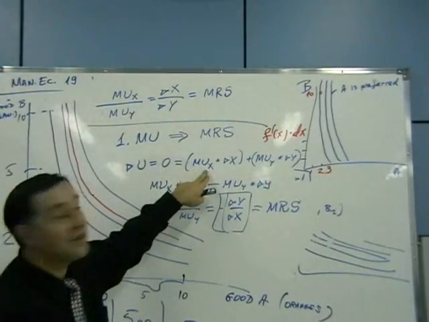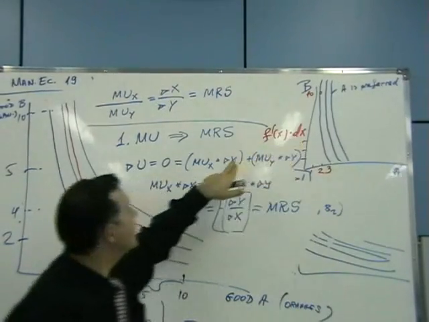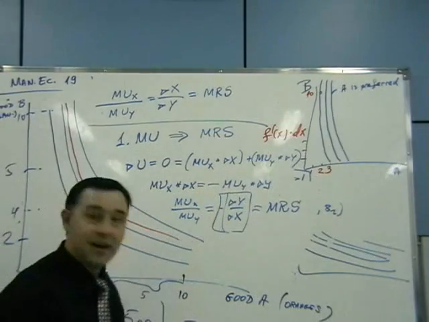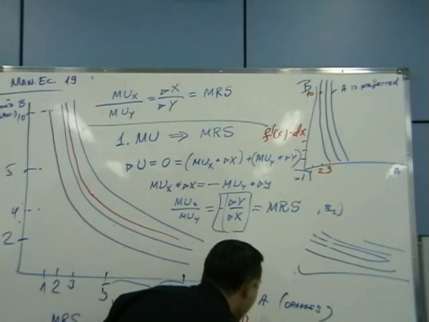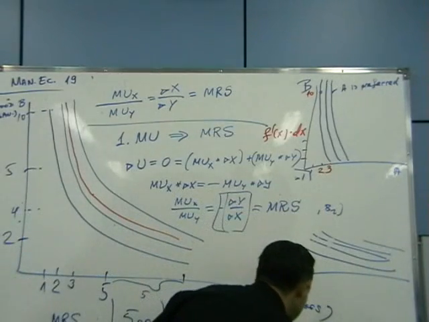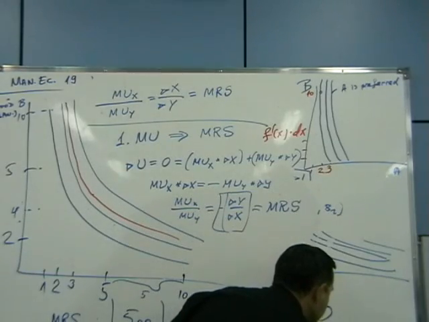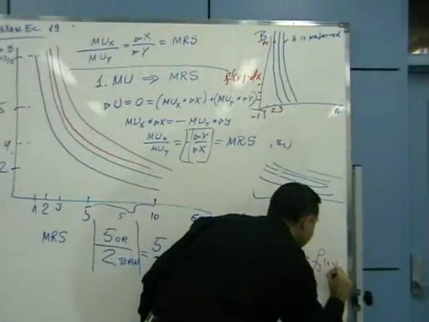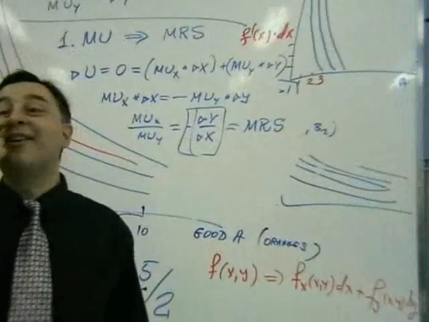So marginal utility of X is f prime of x, the first derivative. dx is the same as delta x, all right? You haven't studied any of this? So f of x, y, when you take the first derivative, becomes f sub x of (x, y) dx plus f sub y of (x, y) dy. Is this familiar? No. Ah, okay, this is familiar.